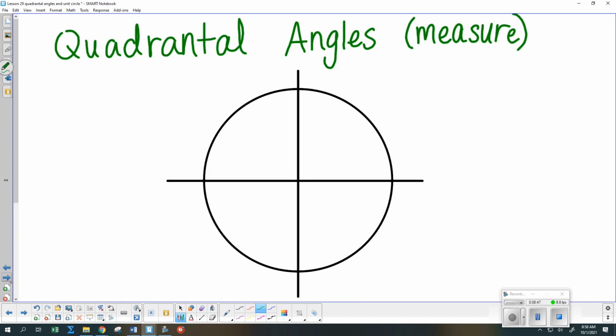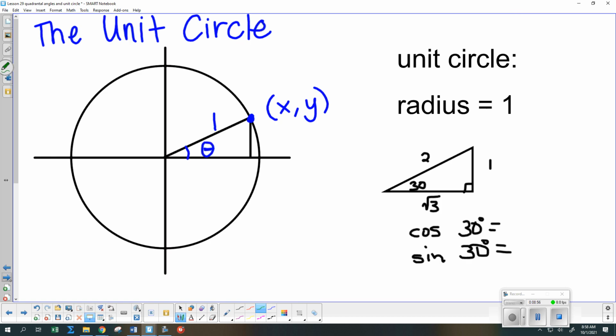So we know from what you already did, and you don't need to copy this down again, we're simply talking the 0, 90, 180, and 270 degrees, and we're going to try to fill those in. To do that, we are going to talk about a special circle where the radius is going to be 1.